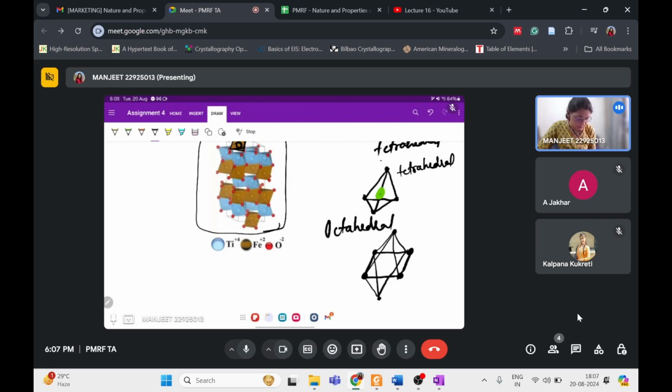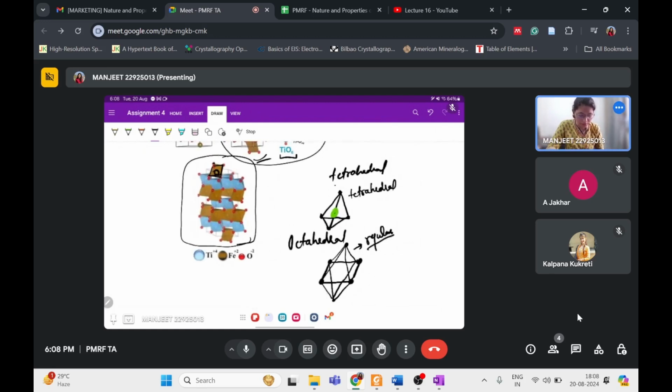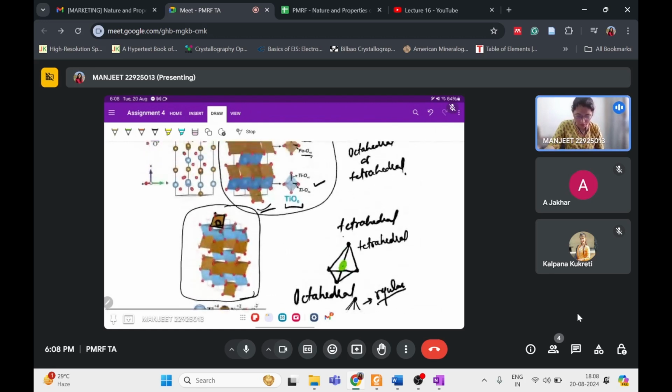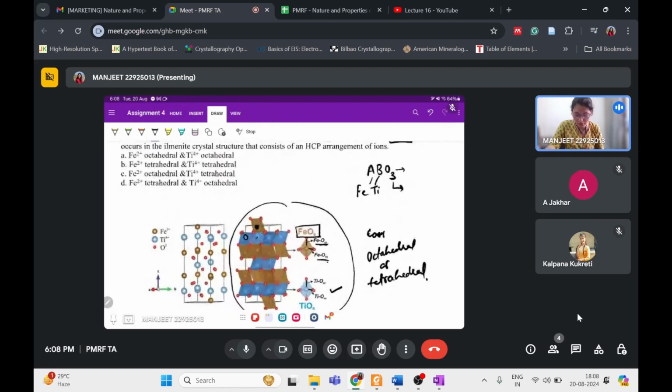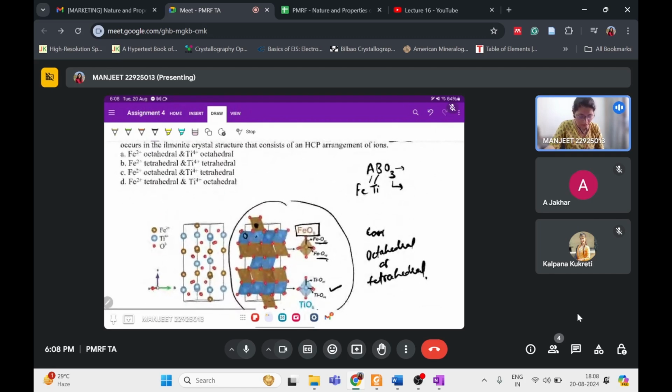In this alloy or solid solution, it is not necessary that it should be regular, either tetragonal or orthogonal. It can be distorted or rotated. So here we have to find out which kind of site they are occupying, whether octahedral or tetrahedral.